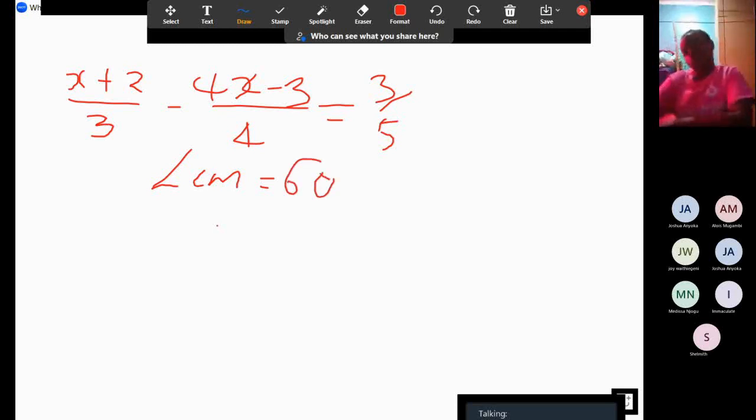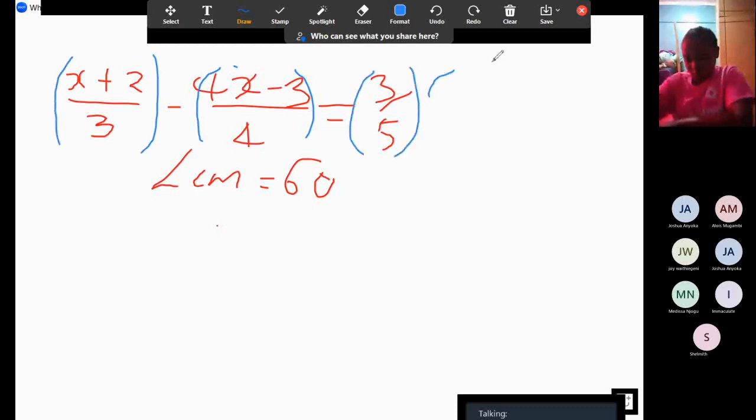Then normally, because it is an equation, we multiply every term by 60. Then you do cancellation. This is 20 by 4, this is 15 by 5, this is 4.